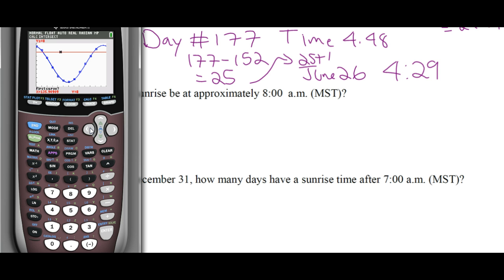We don't care about the y value, we know it's 8. We're asking what x value gives us a y value of 8. So intersection, 35.74. We'll say it's on day 36.